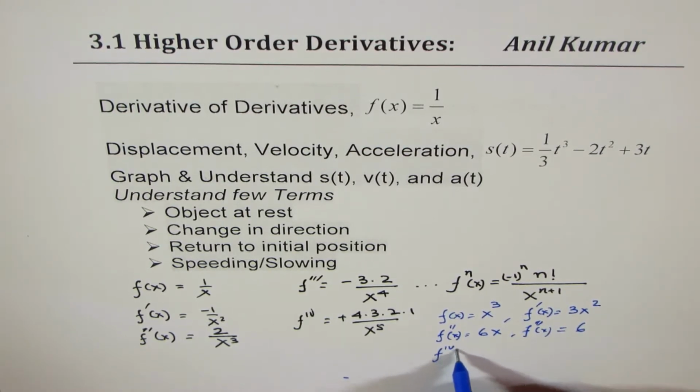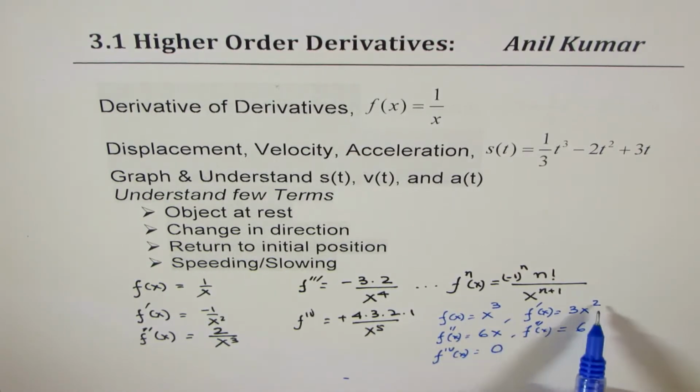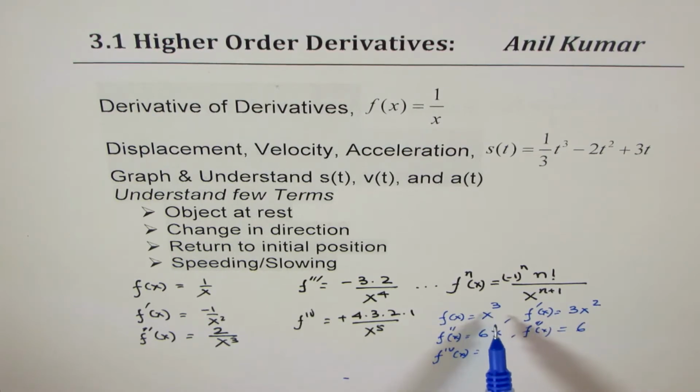Well, the fourth derivative for this function is going to be 0. So what you really see here is that for a polynomial, if n is the degree, then we can at the most go for n plus 1 derivatives. Each time you differentiate a polynomial, its degree decreases by 1 and derivative of a constant is 0.